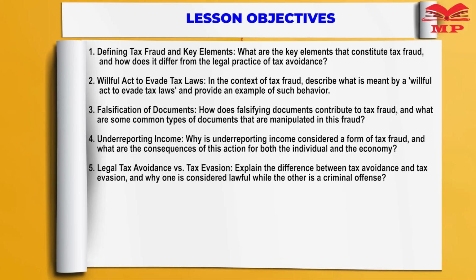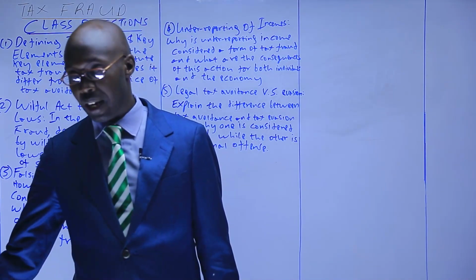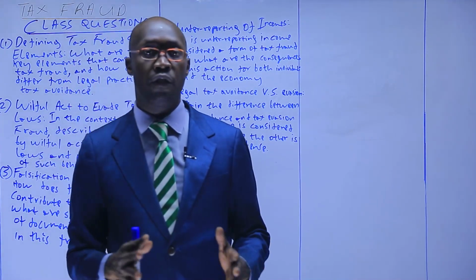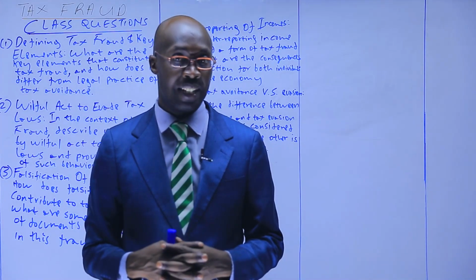Number 5. What measures can taxpayers take to ensure they remain compliant with tax laws and avoid unintentional tax fraud? So you can look at those questions, see if you can answer them relating to the lesson that we have just had.